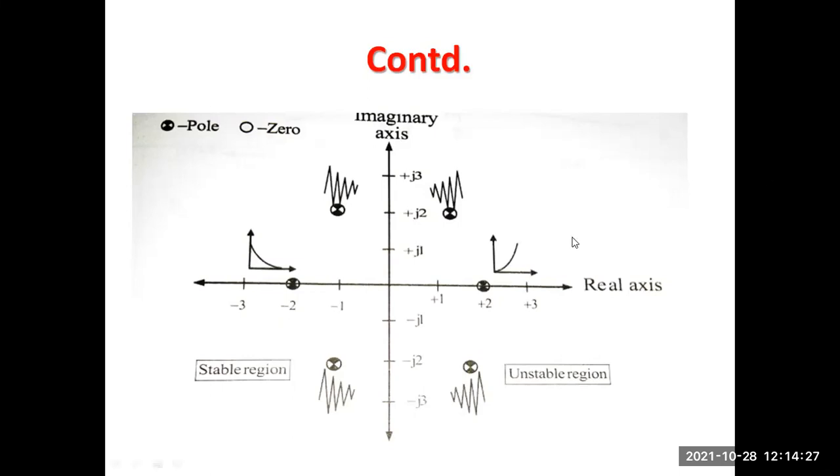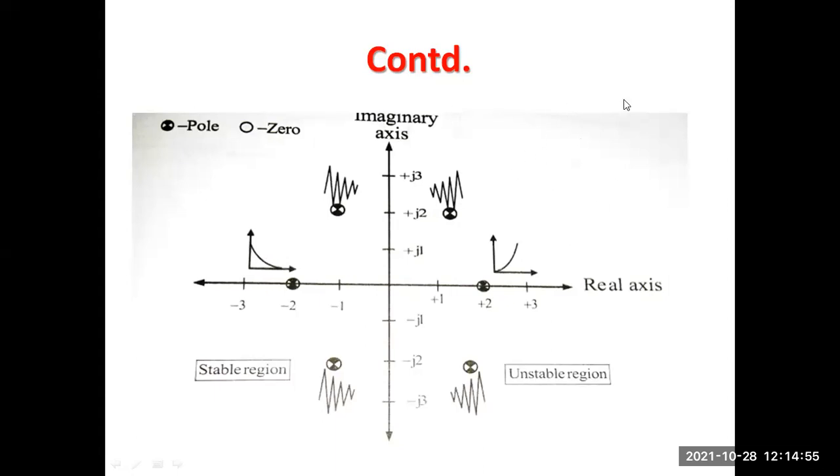Similarly, if the roots are lying on the negative side of the real axis, the system response will gradually die out. That means the system is in the stable region. Here also, if there are imaginary poles or zeros lying on the right half of the S plane, the system response will continuously rise in nature.